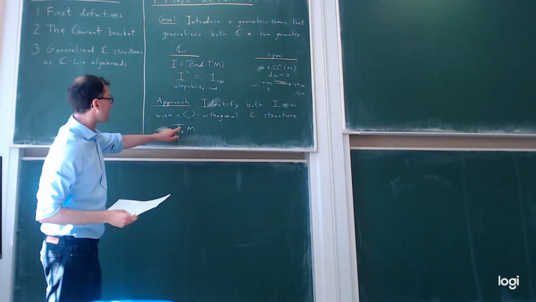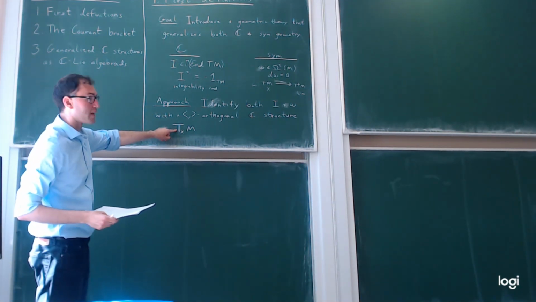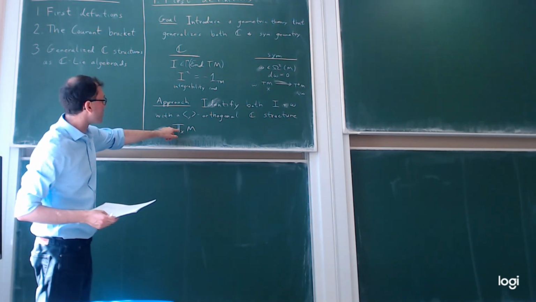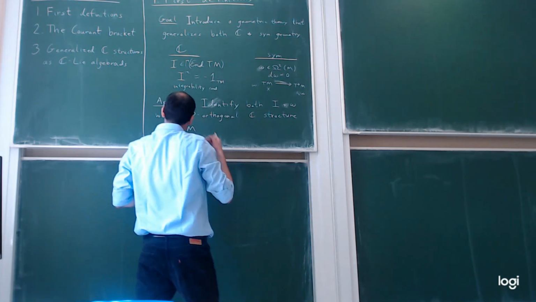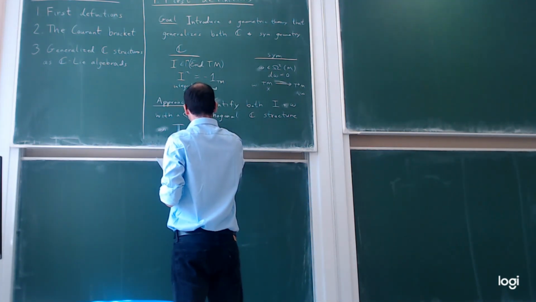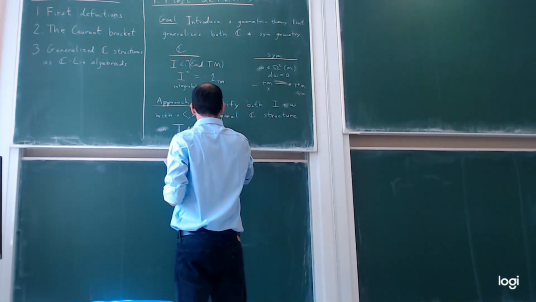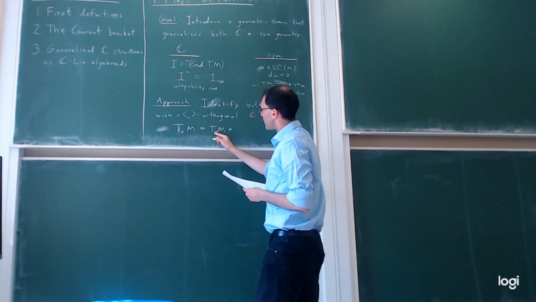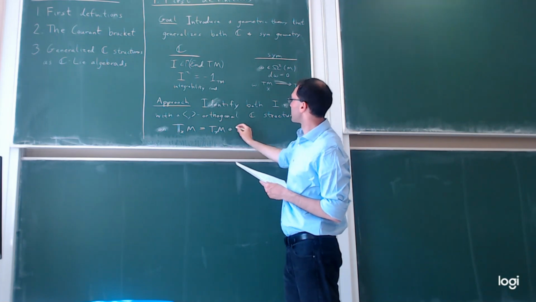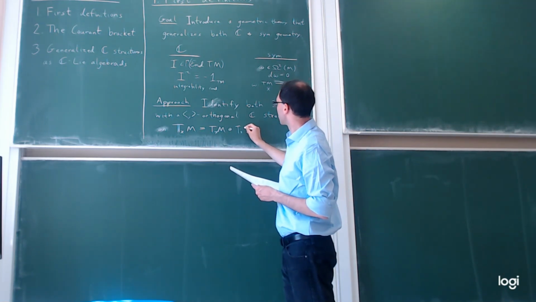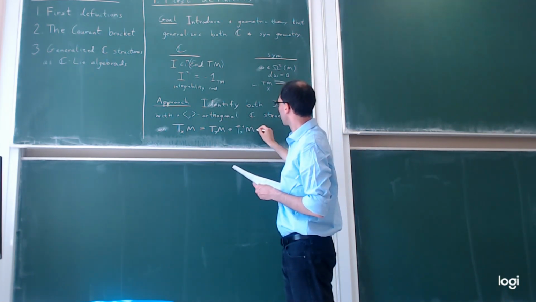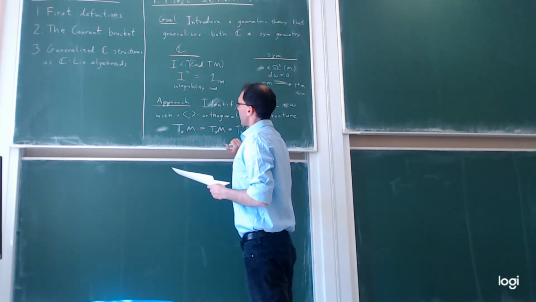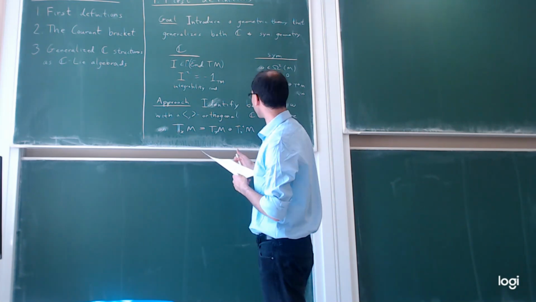This is written as T with two vertical lines, and is defined to be the direct sum of the tangent space at x and the cotangent space at x. And then, as we'll see, we'll have an additional integrability condition.